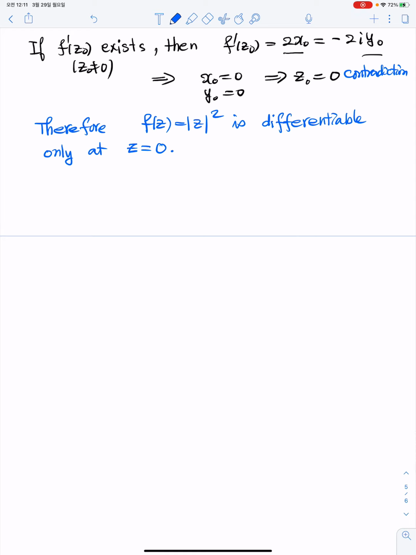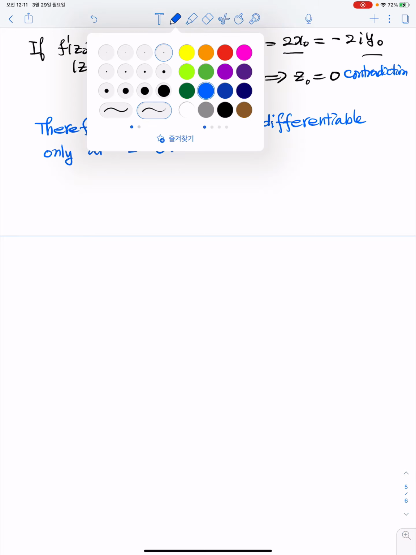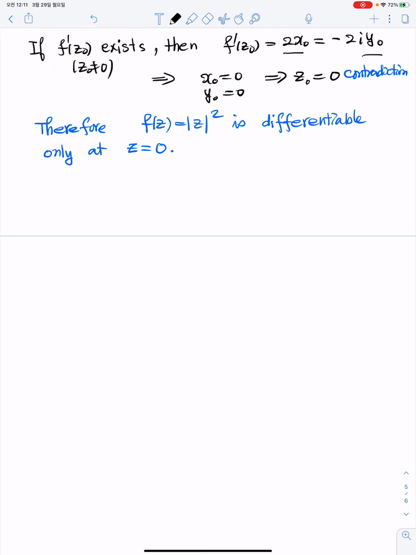Next I will give you just the rules of derivatives. You already learned these in calculus courses. So I'm now going to prove the next theorems, the properties. Before doing this, I will give some notation.